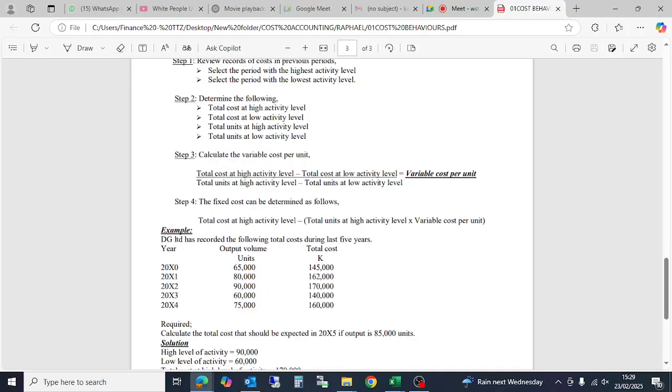Yeah, I guess it will be. Okay, I have found the variable cost. So the question is: calculate the total cost that should be expected in 2025 if output is 85,000. So we'll actually calculate that, but first, we have to find our total fixed cost and our total variable cost.